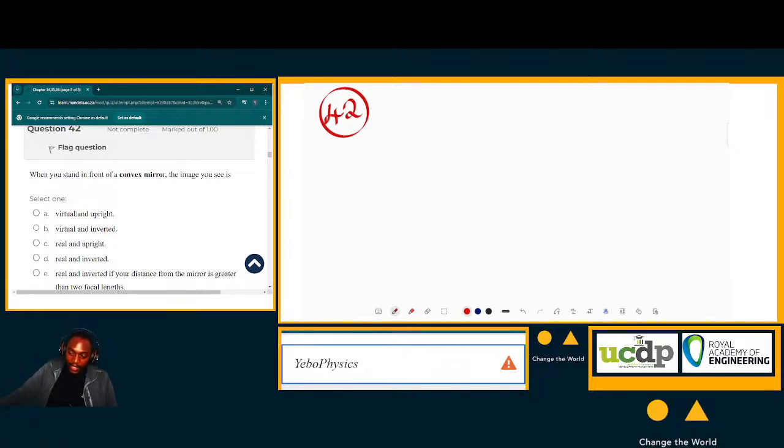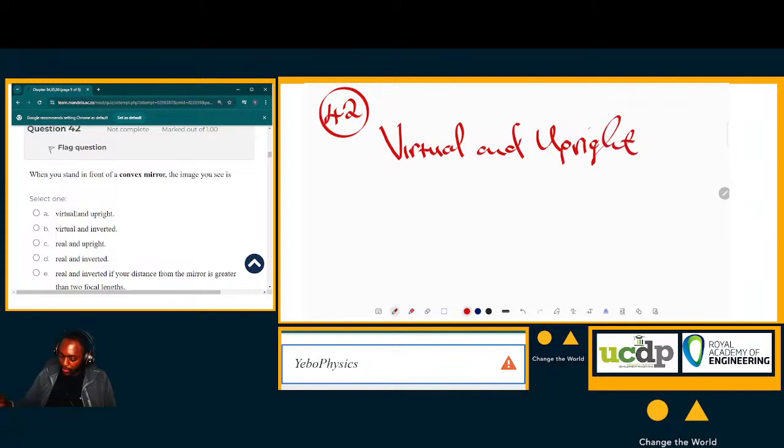Therefore, it is the virtual rays which form a virtual image. So it's always virtual and upright, because it's formed on the other side. Virtual and upright.